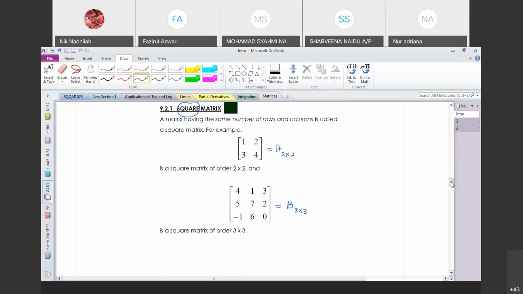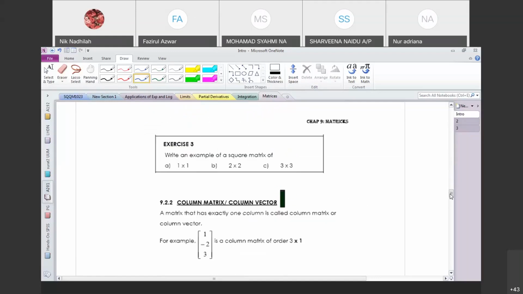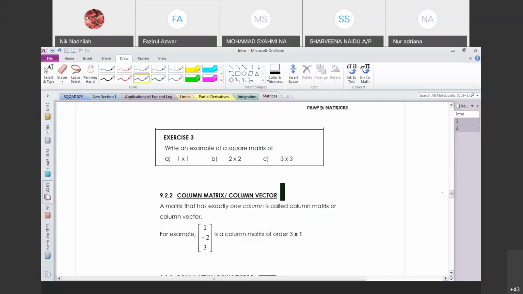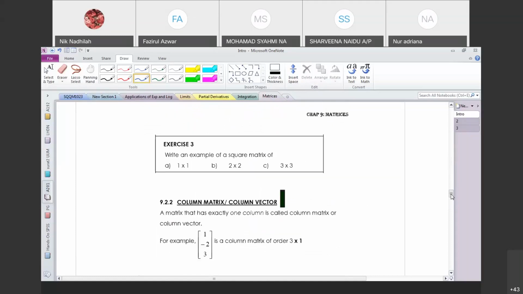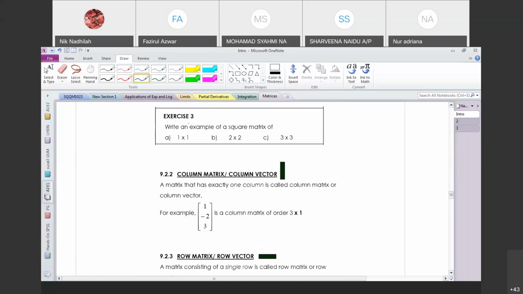Write an example of a square matrix of 1 by 1. This is a 1 by 1 matrix, and you name it A. Let's say the element is 3.